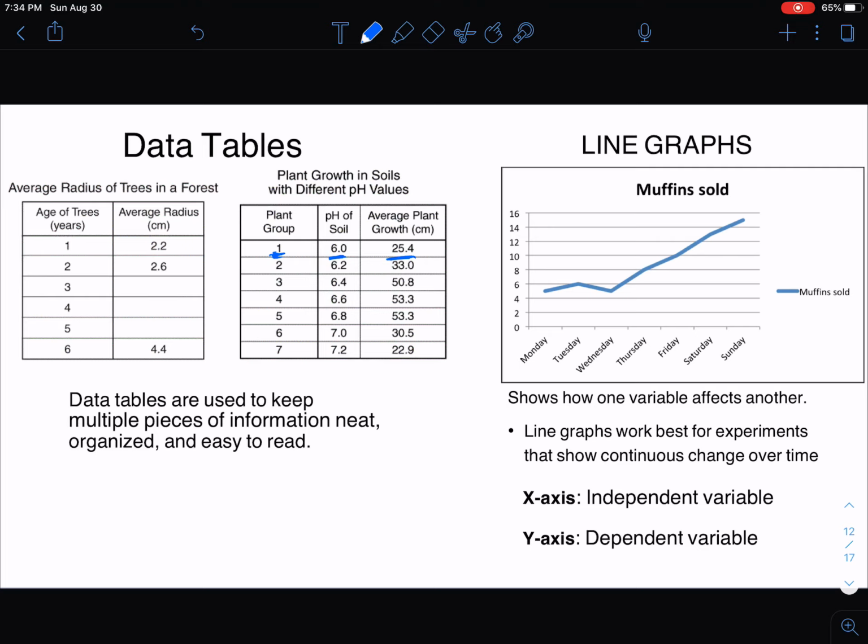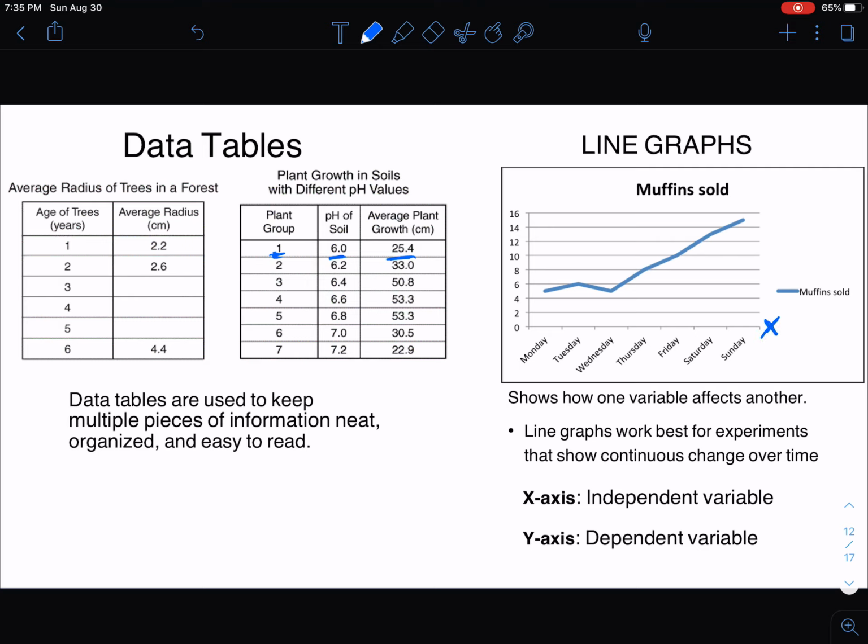Now, with every graph, and I'm going to say this now, please make sure that you record this in your notes somewhere. Line graphs are going to have two axes. You have your x-axis and your y-axis.